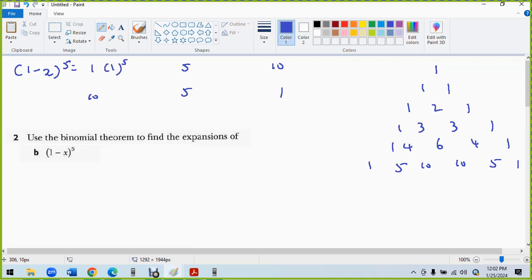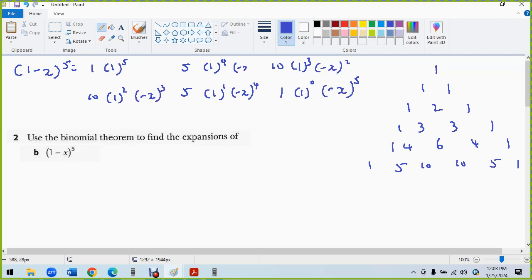So 1 power 5, 1 power 4, 1 power 3, 1 power 2, 1 power 1, 1 power 0. Negative x power 5, negative x power 4, negative x power 3, negative x power 2, and negative x power 1. So negative x power 0.